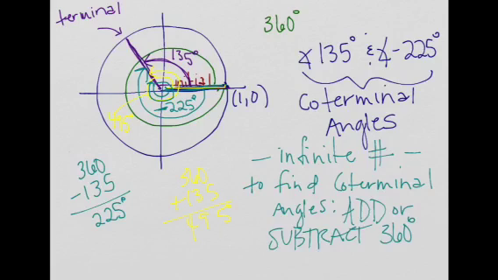I will say, as we get more into the unit circle, you have to be familiar with degrees and radians. So 360 degrees in terms of radians is 2 pi. So when we're in radians, you're adding or subtracting 2 pi, and when we're in degrees, you're adding and subtracting 360 degrees.